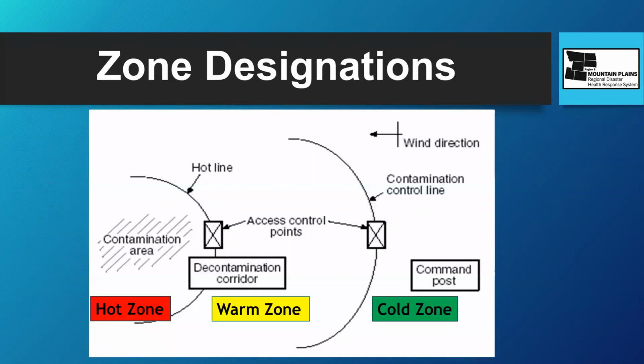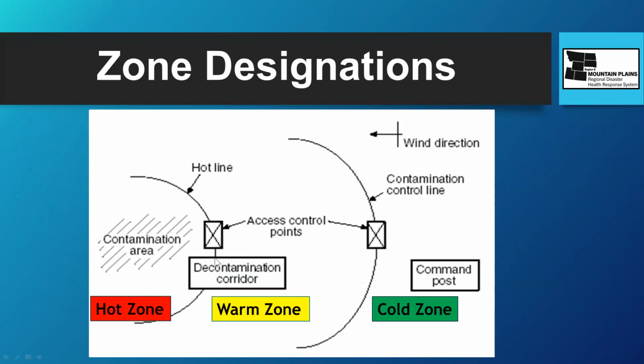This graphic is a gross demonstration of what these zones would be. Here you see the contaminated area on the left with a line of demarcation and access control point. This is the hot zone right here.